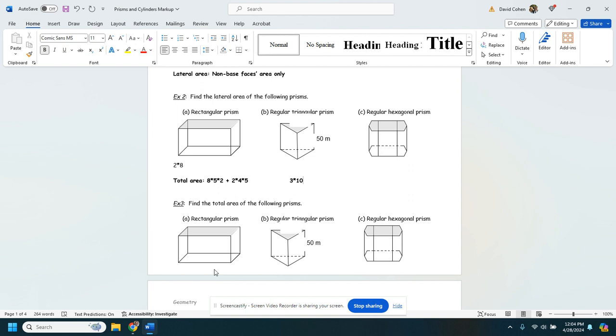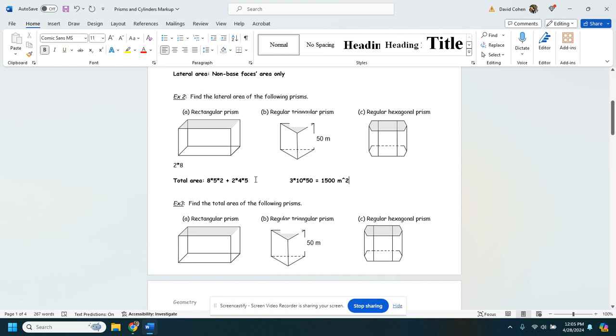And we know that the height is 50. So we'll multiply times 50. So that's going to be 3 times 10, 30 times 50 equals 1500. And that will be meters squared.